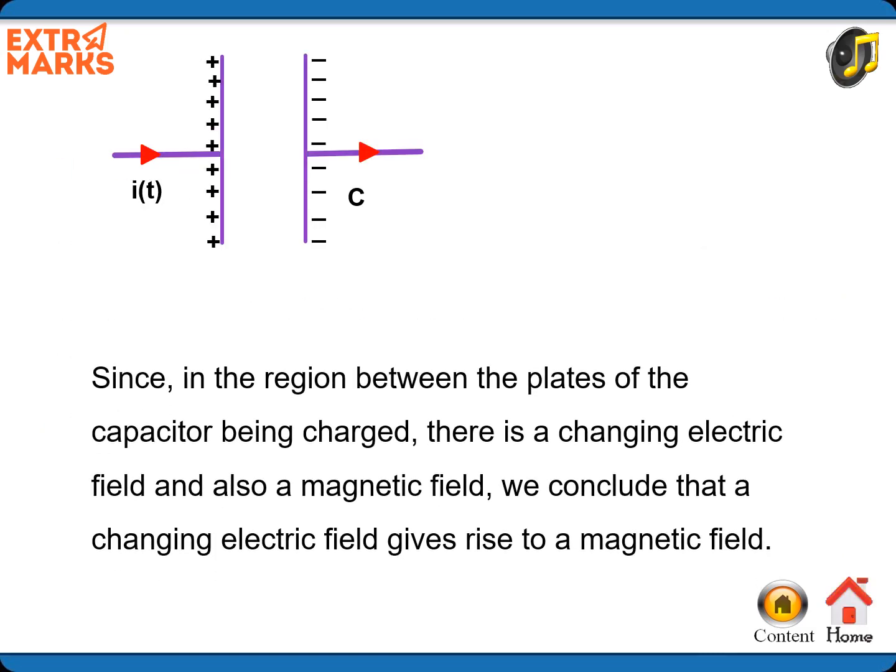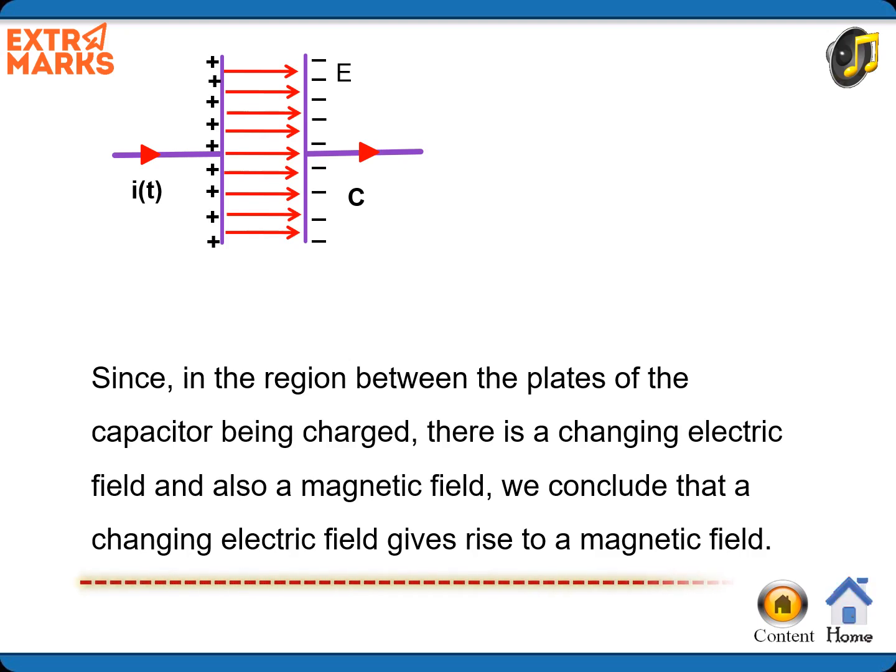Since in the region between the plates of the capacitor being charged, there is a changing electric field and also a magnetic field, we conclude that a changing electric field gives rise to a magnetic field.